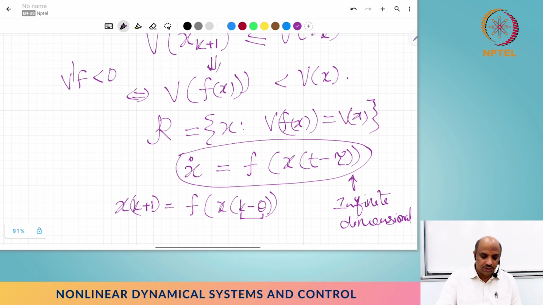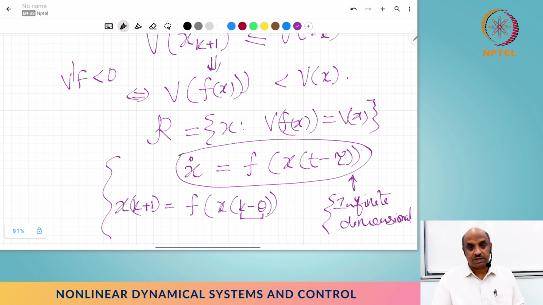You'll have a finite number of steps in between theta and k. So this can be rewritten as a higher dimensional, single dimensional equation, and it never enters the infinite dimensional framework. So there are many such things that make discrete systems easier than the standard nonlinear systems.